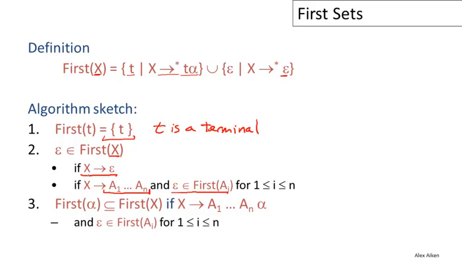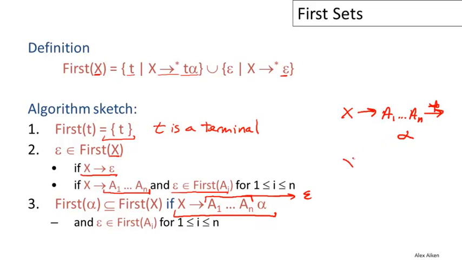There's one other situation, and here's where we make use of the fact that we're keeping track of where epsilon can be produced. Let's say that we have a production like this, and let's say the first n symbols, a1 through an, can all go to epsilon, so they can all disappear and be replaced by the empty string. What does that mean? If we have a derivation like this, and then through some number of moves it goes to alpha, that means that x can, through a bunch of moves, derive alpha itself.